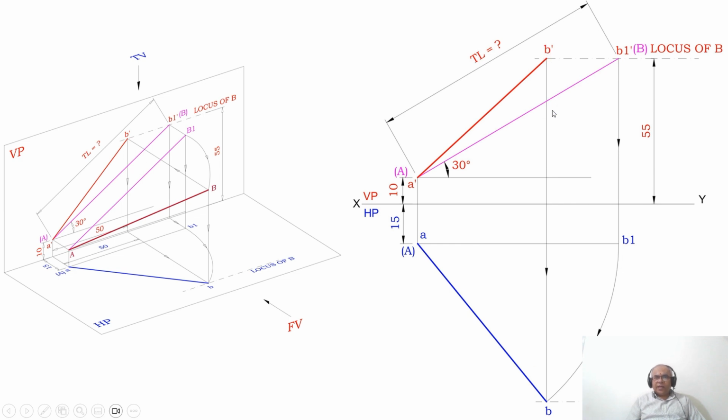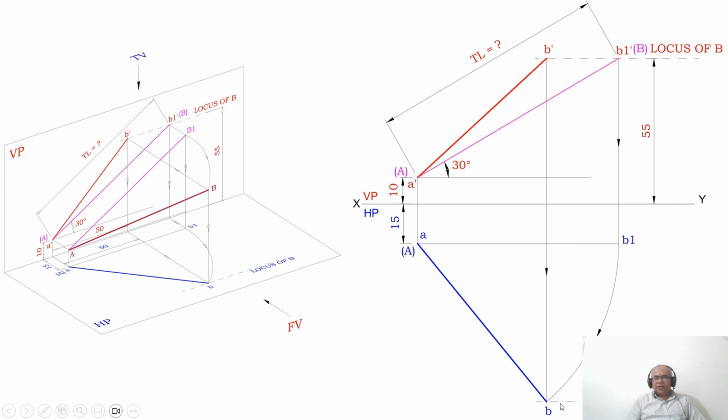B should also lie on the same end projector line of the point B dash. So with A as center, taking the radius of AB1, you draw an arc such that it comes and cuts the end projector line of the point B. Since it is B dash here, the top view point of B dash is B. So you got this point B here.